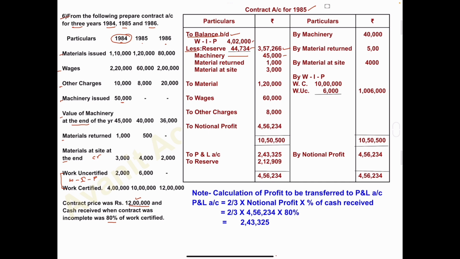The machinery amount is 45,000. Then material returned is 1,000. Material at site 3,000. For all these things you have to refer to the contract account of 1984: work in progress, reserve, machinery and material. Clear this first part?